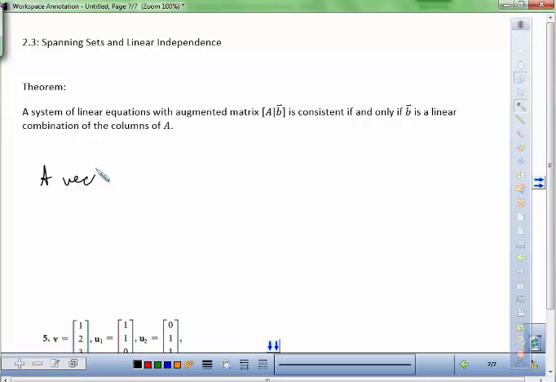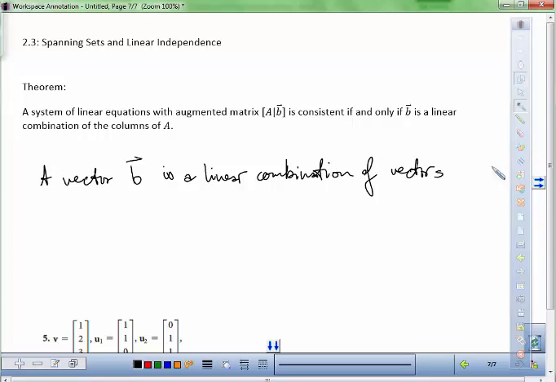A vector B is a linear combination of vectors. Now, to be abstract, they usually have arbitrary n vectors, so that's what I'll do. U1, U2, up to Un.